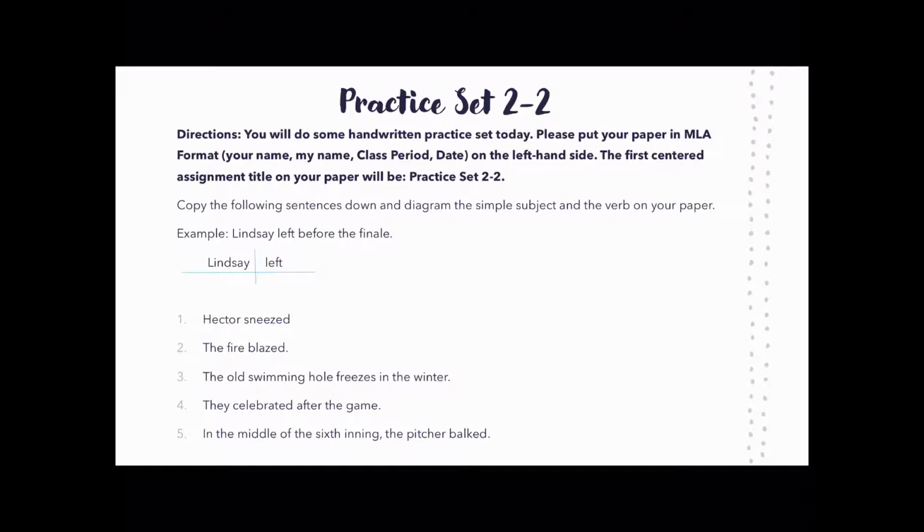So if we look at number 1, we have Hector sneezed. Our action in this sentence is sneezed because you can physically do it. And then you ask, who sneezed? Hector. So our diagram should look like this.